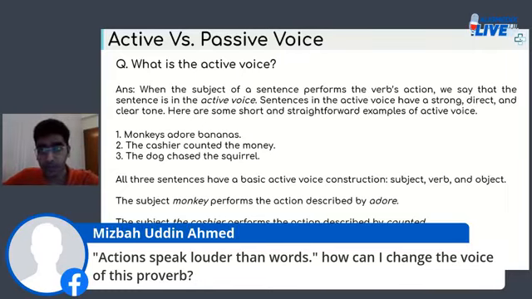Such as, for example, I spoke to my boss. I spoke to my boss. Here you clearly have a subject, you clearly have a verb, and you clearly have an object, right? I is the subject, spoke is my verb, and my boss in this sentence is the object.